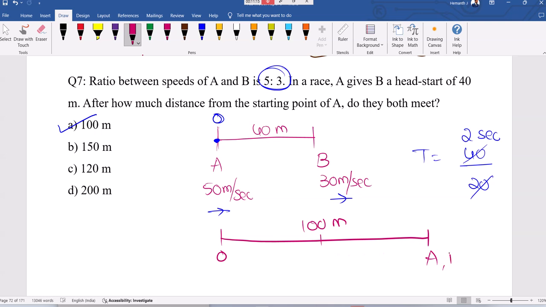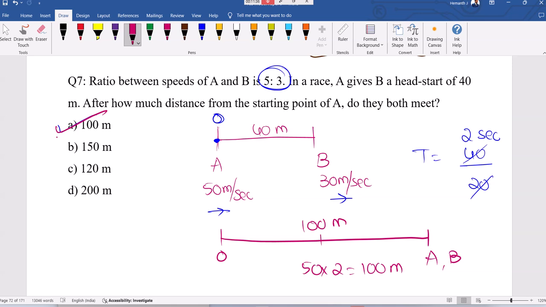A's speed is 50 meters per second, 50 into 2, 100 meters. After 100 meters, A and B are going to meet. Time taken for meeting is 2 seconds.